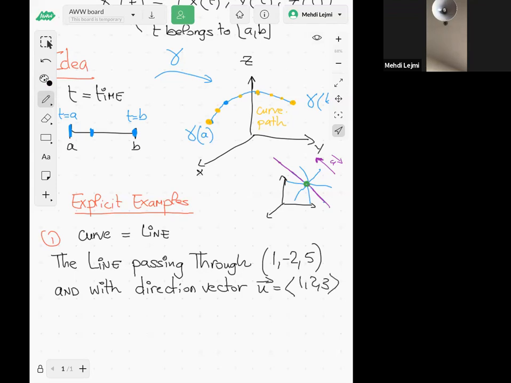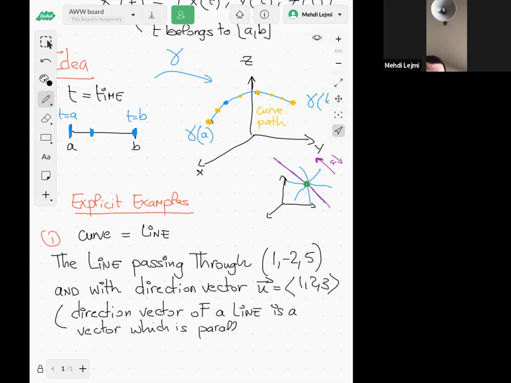So again, what I mean by the direction vector, this is from Calc 3. Just to remind you, the direction vector of a line is a vector which is actually parallel to the line.